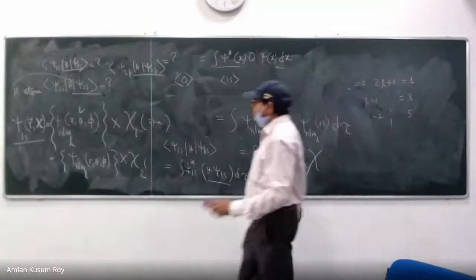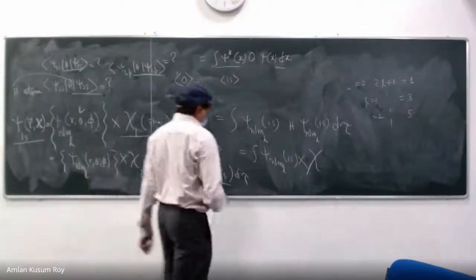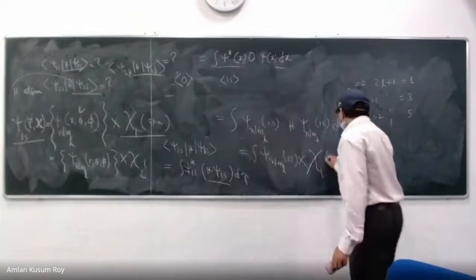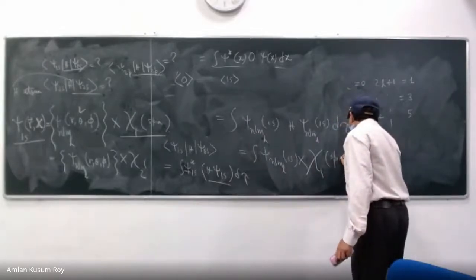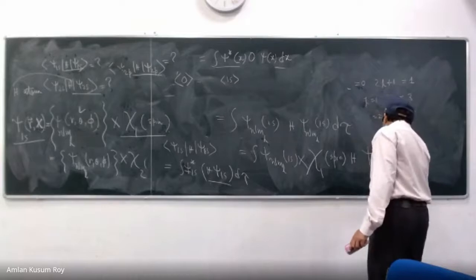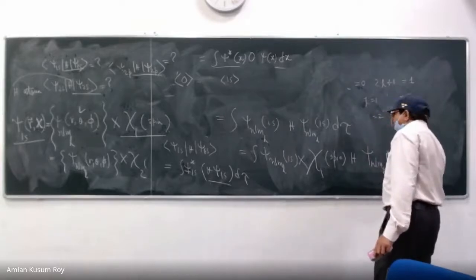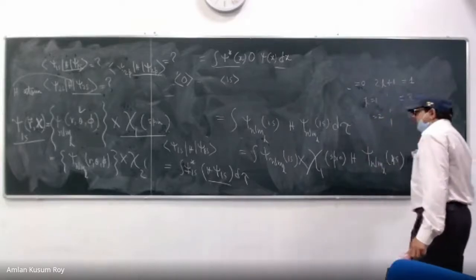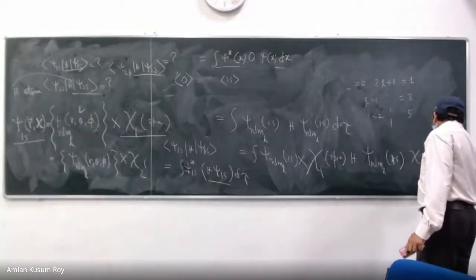If you take the first function, chi1, I will work with chi1, spin, and then H, and then 1s, and then chi1 spin.